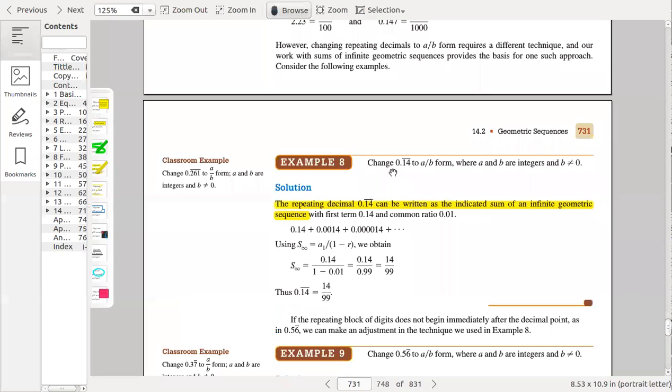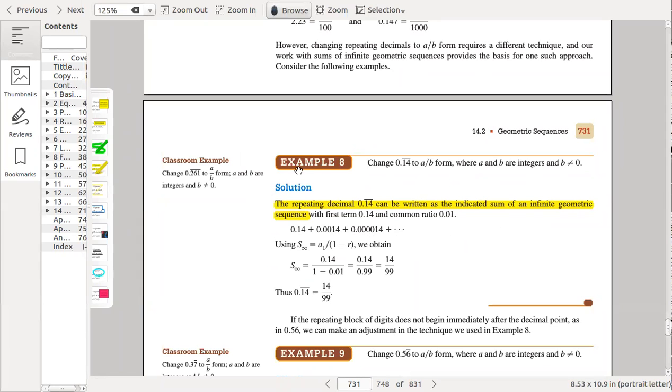For example, change 0.14 bar to a over b form where a and b are integers and b is not equal to 0. The repeating decimal 0.14 bar can be written as the indicated sum of an infinite geometric sequence with first term 0.14 and common ratio 0.01. So 0.14 plus 0.0014 plus 0.000014 plus and so on.